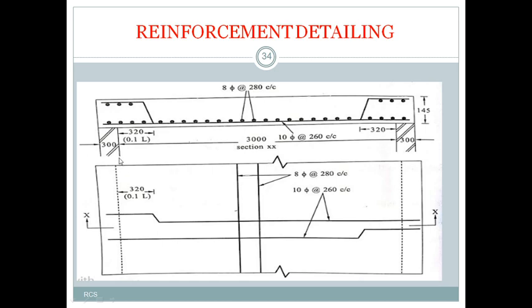And see, the clear span between the slab is 300 mm, and this is the bent length of a bar that should be bent at 0.1 L from the support. According to this problem, we'll get 320 mm. And this is the overall depth, that is 145, and if you take from the center to center of this bar, we'll get 120 mm, the effective depth of the slab.